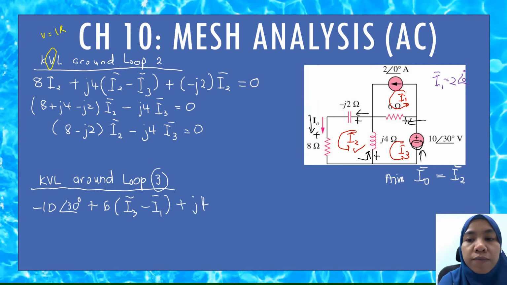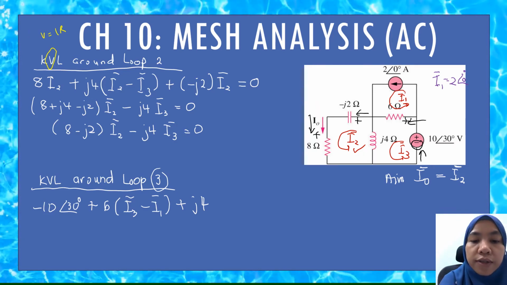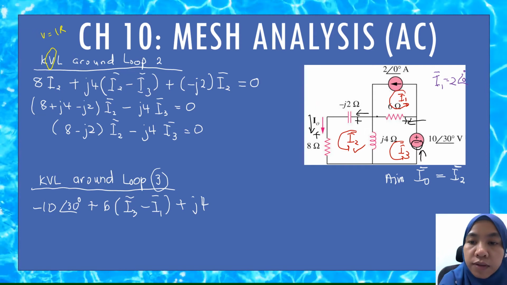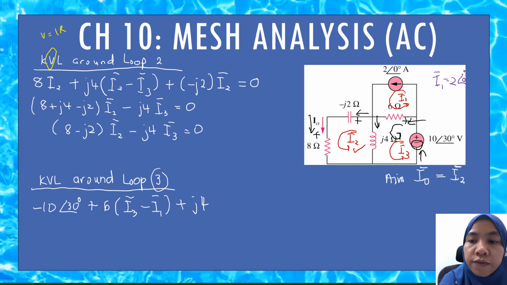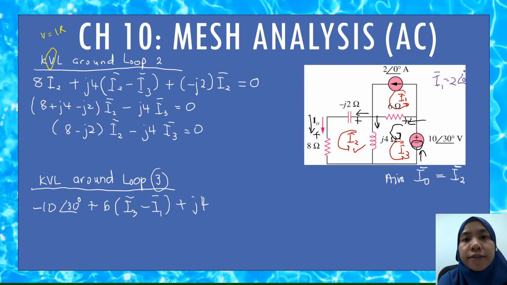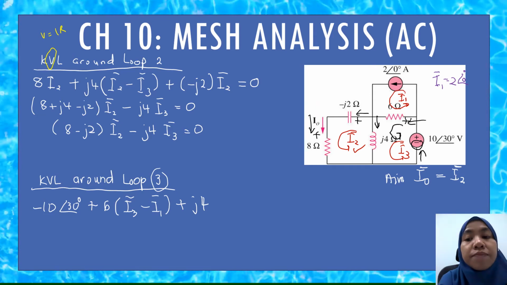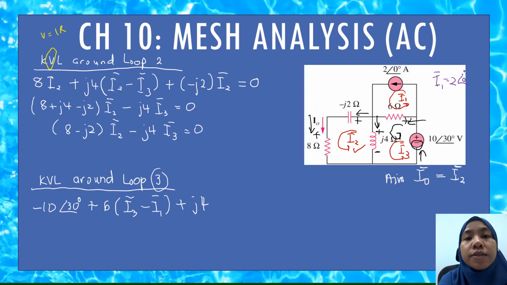How do you know this is a plus? You can check the current. Current is entering j4 here. You follow the current direction of your counterclockwise I3 imaginary current. Since j4 is a passive element, you should have a plus here, and leaving current is a minus.